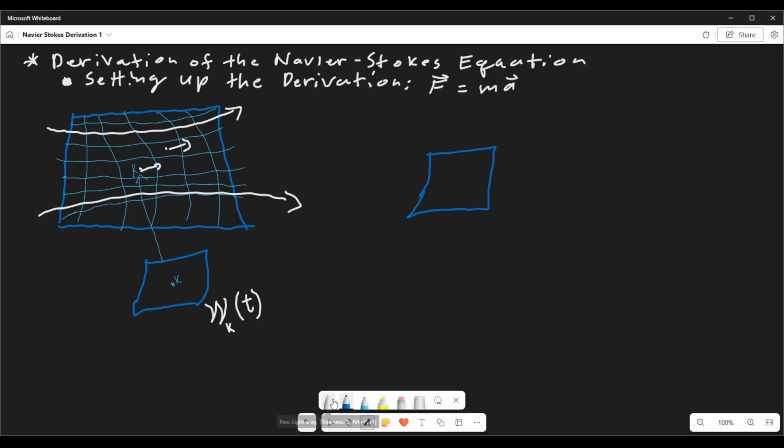The first force that's going to affect it is pressure. So pressure comes in from the sides. This is just the normal pressure that's exerted from all the other parts of the fluid.